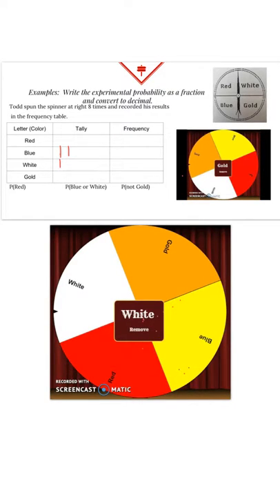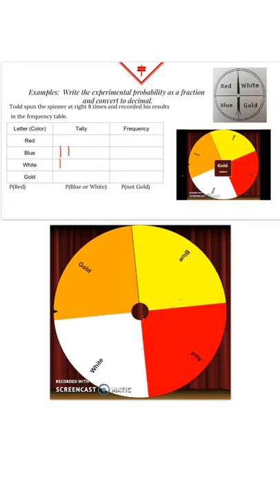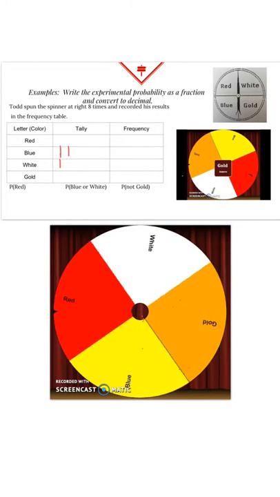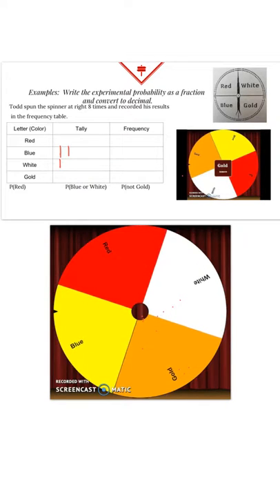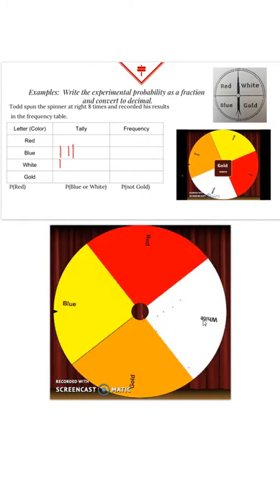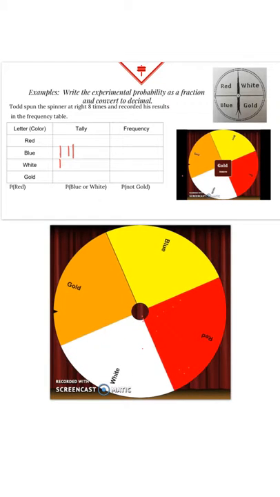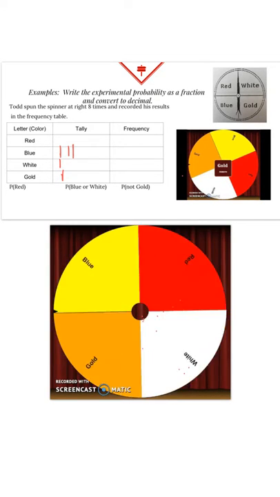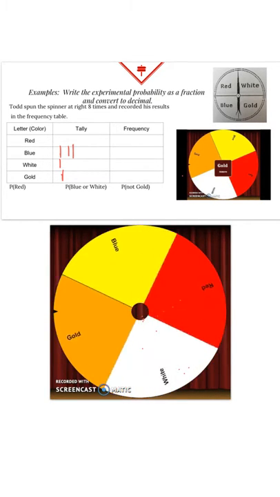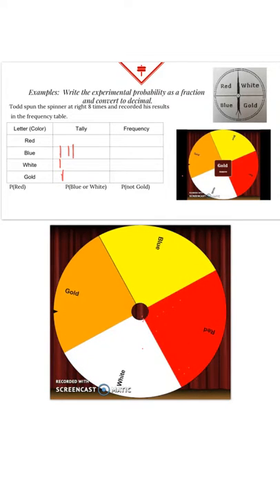We'll put a tally mark in white. We have another blue, so we'll put a tally mark in blue. We have gold, so we'll put a tally mark in gold. Another gold.